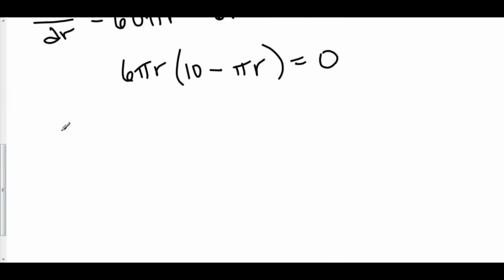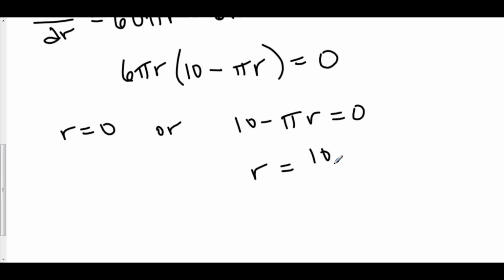This means that either r is equal to 0 or 10 minus pi r is equal to 0. We can subtract 10, divide by negative pi, and r is equal to 10 over pi. So we have two critical points, one at r equals 0 and one at r equals 10 over pi.